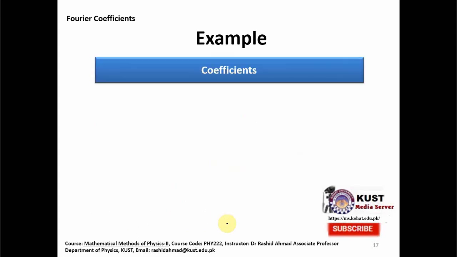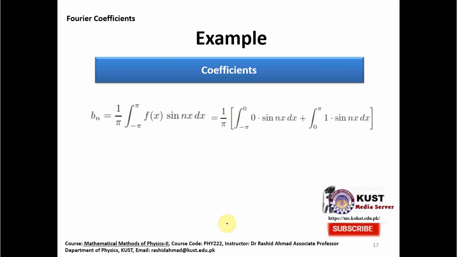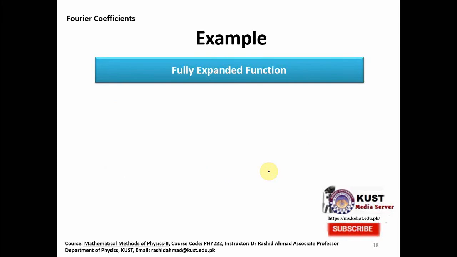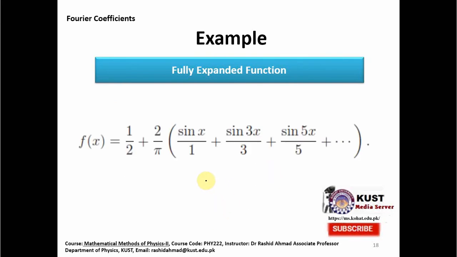Similarly, we can get the other coefficients, for example b_n. Again we split the integral in this particular example, and then we calculate the integral of sin nx, which is equal to this, and then you get this value. Now, in order to get the complete expansion, for a fully expanded function we have to put in all these values. This is the a naught, a1, a2, because the sine terms survived.